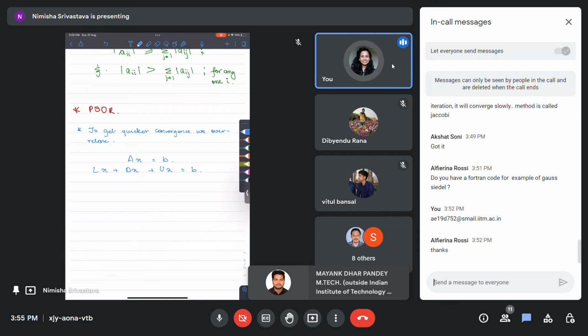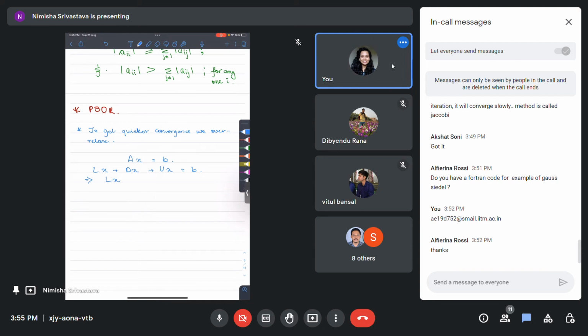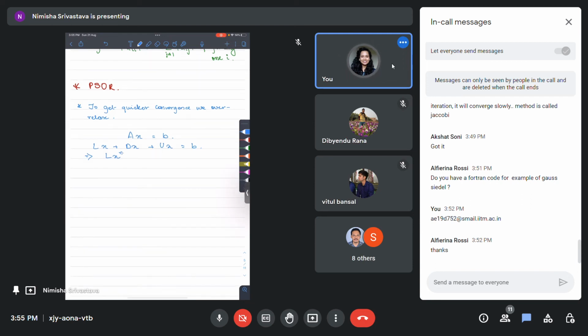This D has to be partnered with both the upper and the lower triangular matrix when we put it equal to n plus 1. I'm going to multiply it with a factor omega, that is my over relaxation factor.